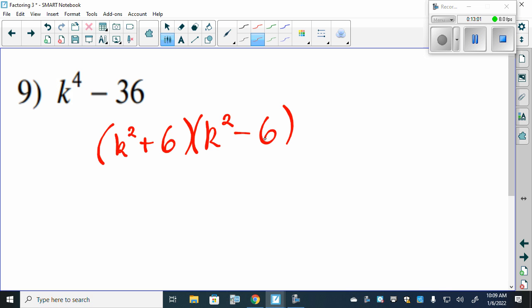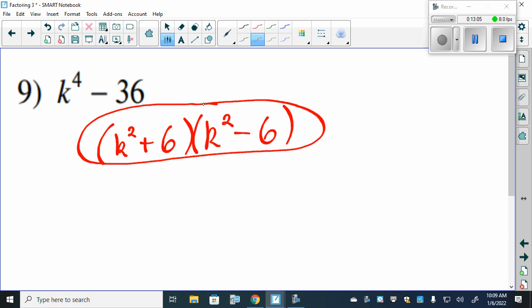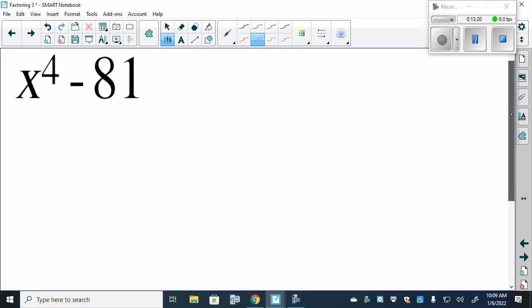Now 6 is not a perfect square, so that's as far as we can take it. Now the k squared plus 6 is not a difference of perfect squares, so it doesn't factor. Or at least have real factors.